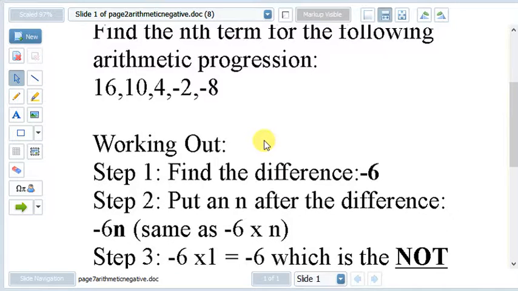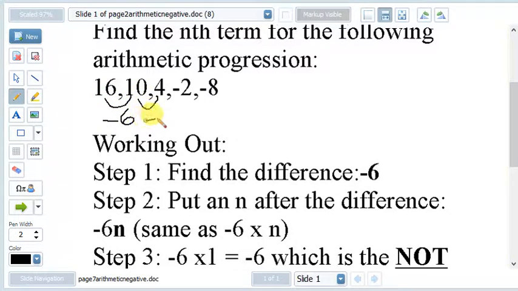Okay, so we've got our sequence here, and we can quite clearly see that we've got 16, 10, 4, -2, -8. So we're going down each time by -6. And it's a common difference.